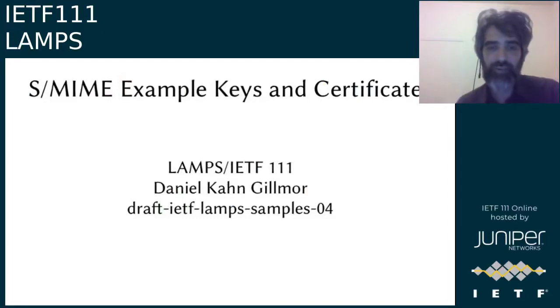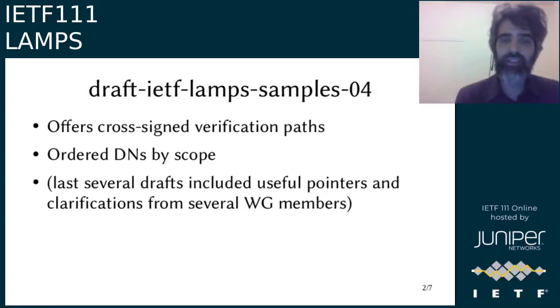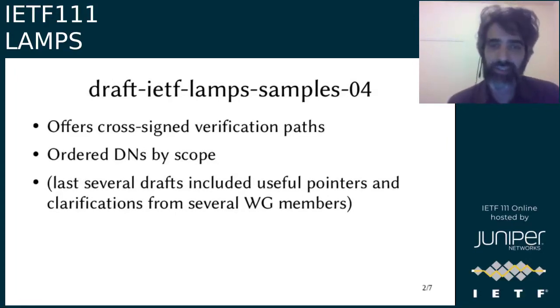Great, so draft LAMP samples 04. Next slide, please. Since our last check-in on the LAMP samples, we now offer cross-signed verification paths. These are sample certificates for use in SMIME.